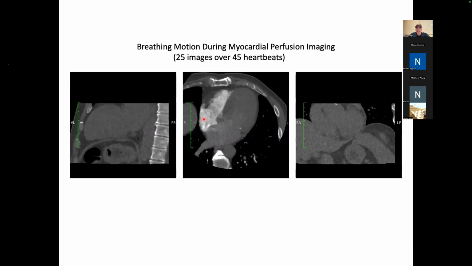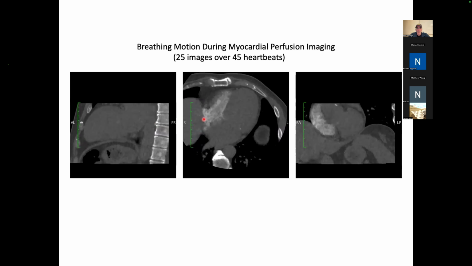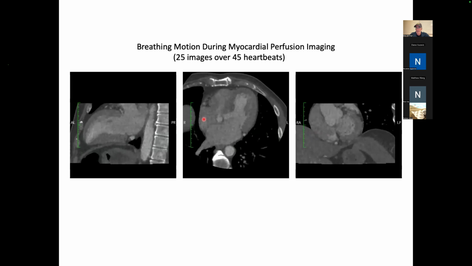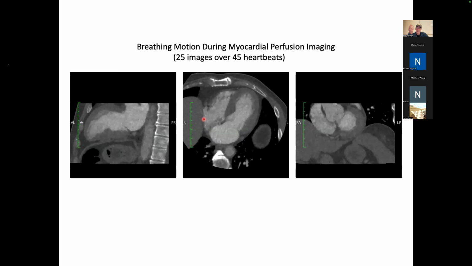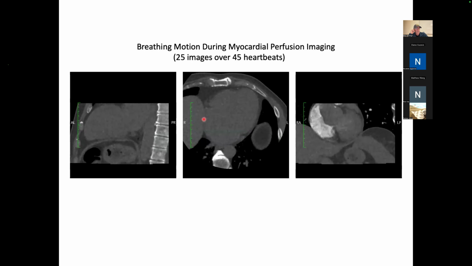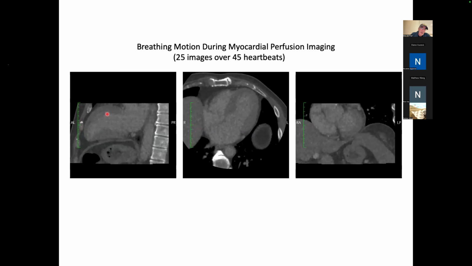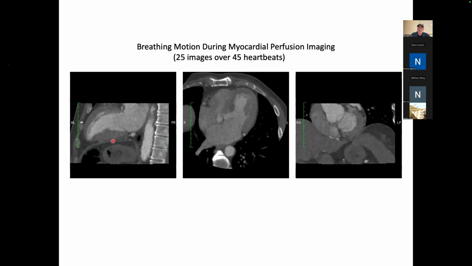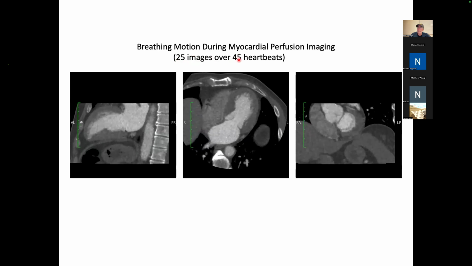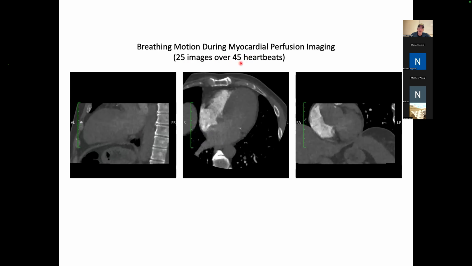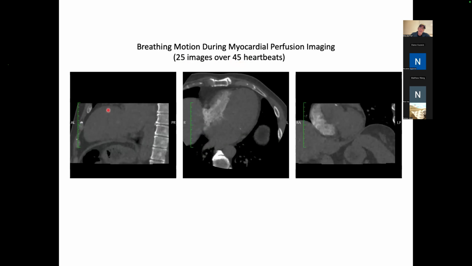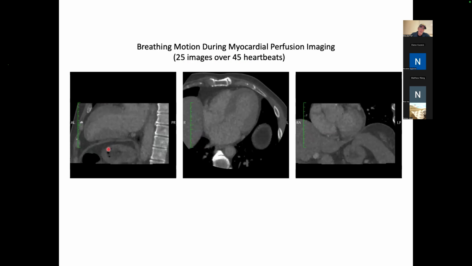So here's examples of images when a patient is breathing during the injection. Okay. And so this is a contrast injection, and this patient is breathing. It's fairly obvious that over the course of this injection, which is like 25 images over 45 heartbeats, you can't really ask a patient to hold their breath for 45 heartbeats, but you suffer for not having them hold their breath.